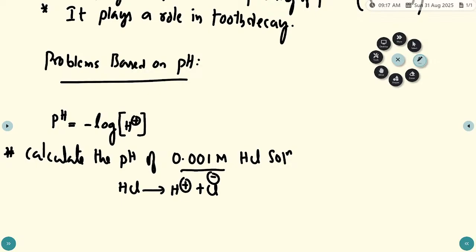So here the concentration of HCl solution is 0.001. Initially the concentration of H plus and Cl minus is 0. And after ionization, the concentration of H plus ion is 0.001 and also the concentration of Cl minus is 0.001 M.